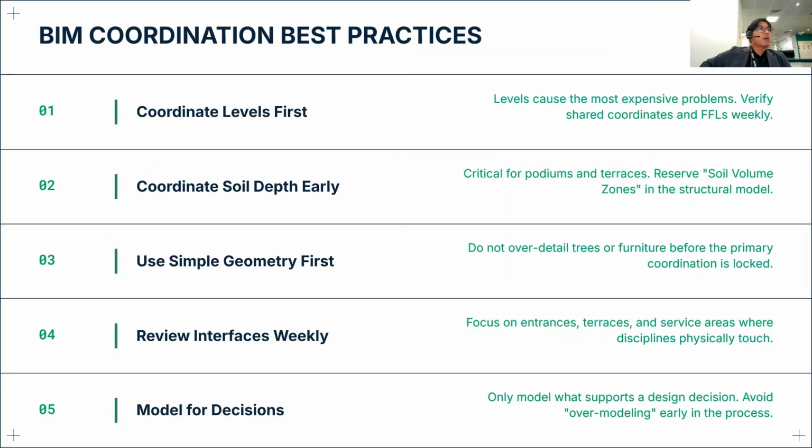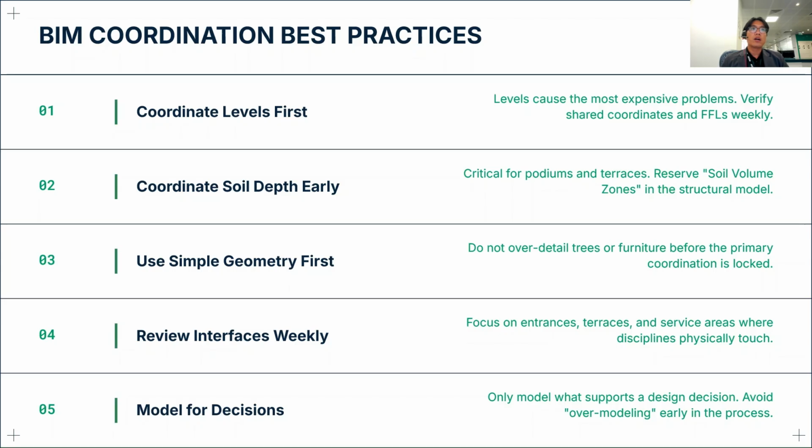So some of the practices I would like to mention in my workshop today: first, we should coordinate the levels first, because levels are the most expensive problem. Verify the shape coordinates and the finished floor level weekly. Coordinate the soil depth early, so even in the concept design stage, we had better consider the soil depth of the planter and the softscape.